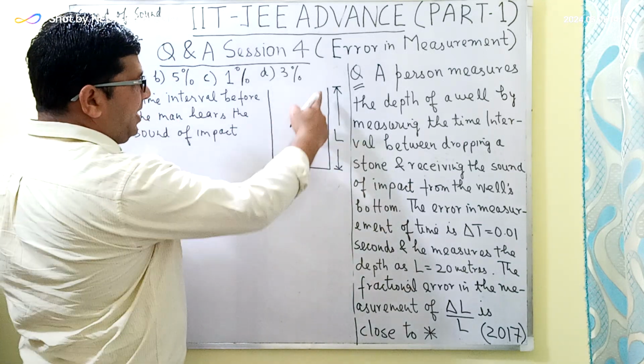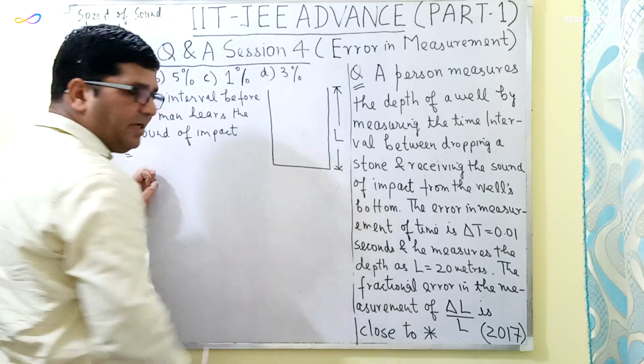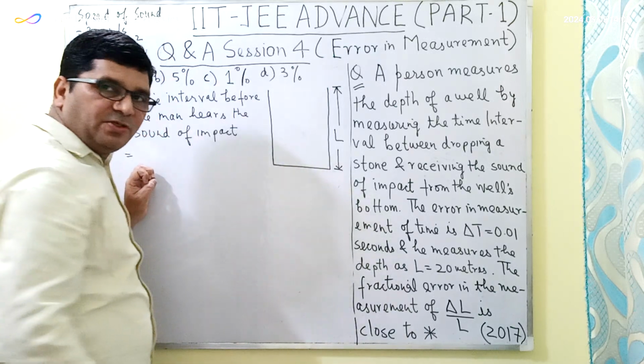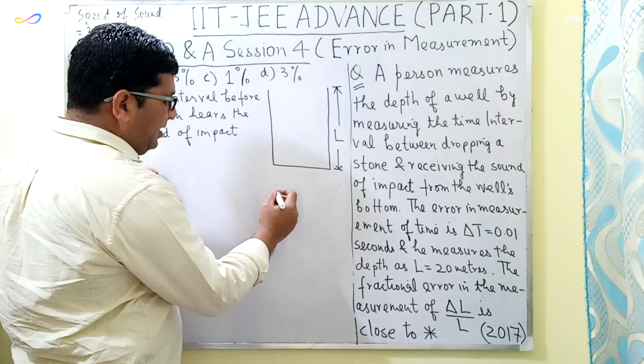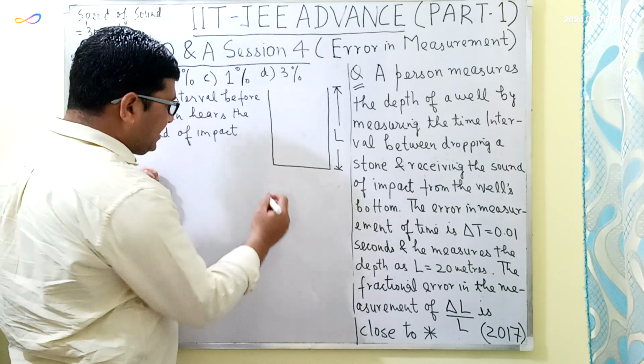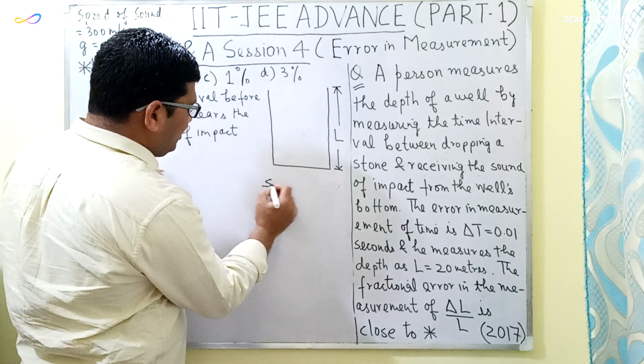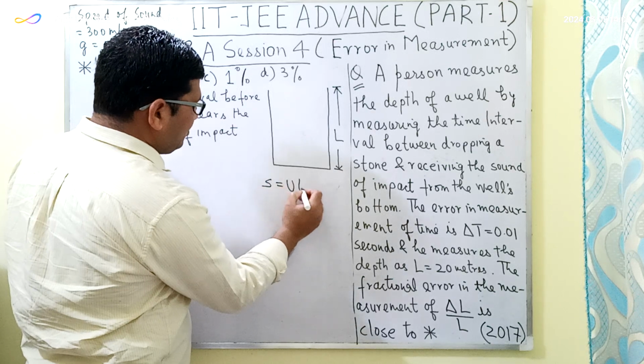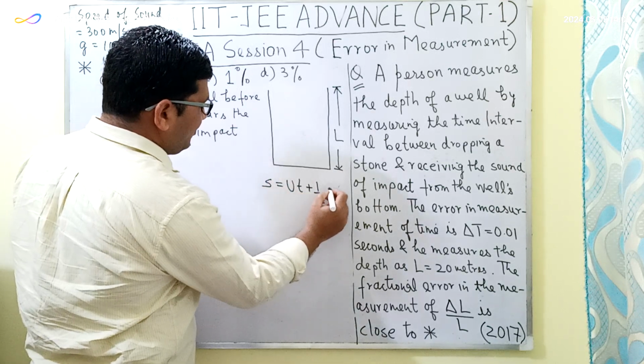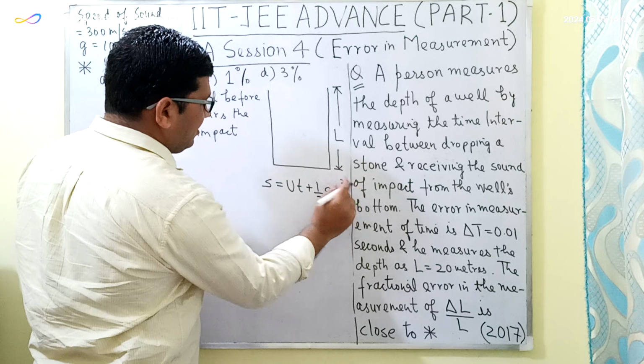So the time taken by the stone to reach the bottom of the well can be calculated by using the equation of motion for constant acceleration. So one of those equations is given by S is equal to ut plus half at square, half gt square in this case.